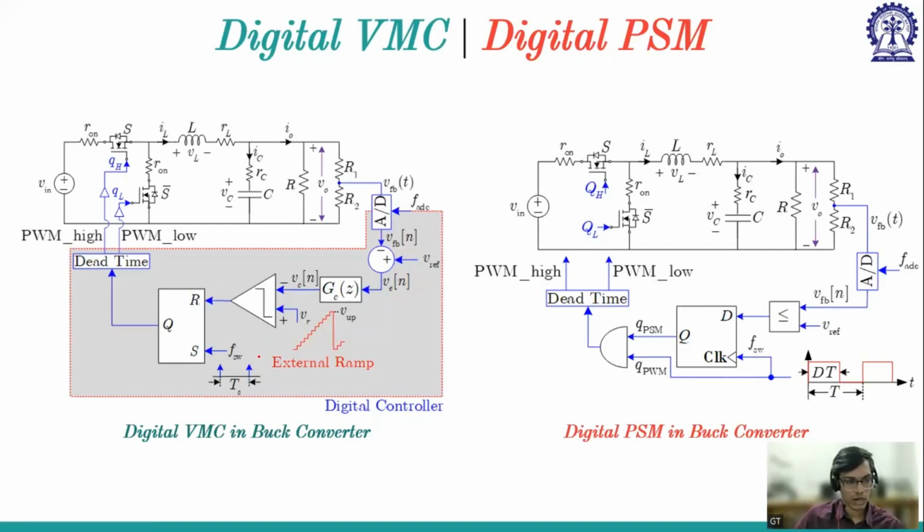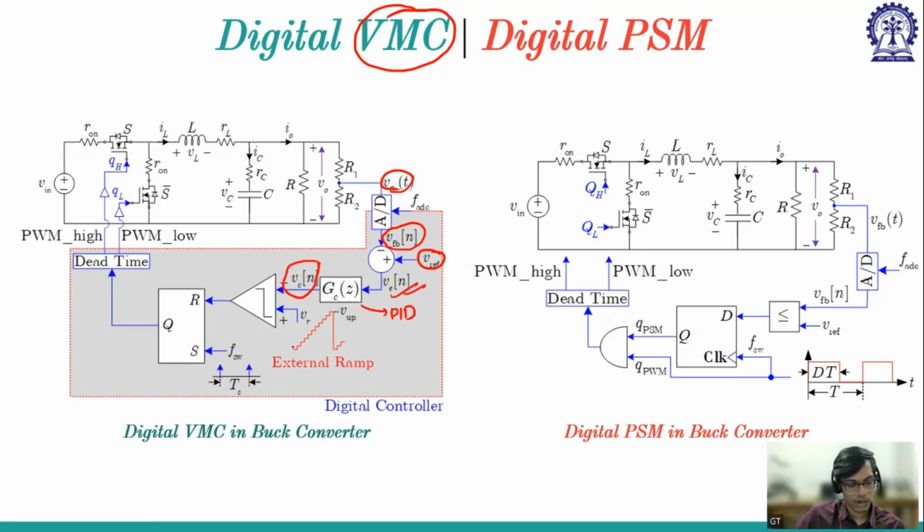So the first multi-mode digital control architecture that we'll be discussing is the voltage-based multi-mode digital control architecture, and the second one, which is PWM PFM, is a current mode control based architecture. In the voltage mode control, we have the feedback followed by the analog to digital converter, giving the V naught in digital, subtracted from the reference, which generates the error voltage fed to the PID controller block, giving the control voltage.